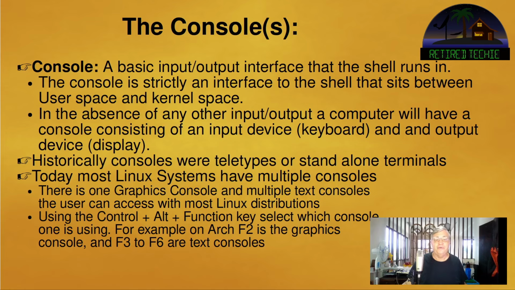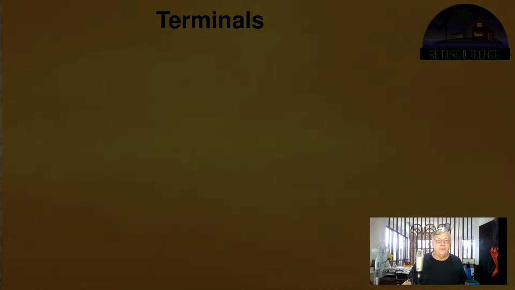You can do Control-Alt function key and shift to a text console, log in, and either kill the process that's holding everything up or restart your computer. So consoles can be very handy, and they're actually not that difficult. They're actually easier than terminals because they are what they are, and that's it.